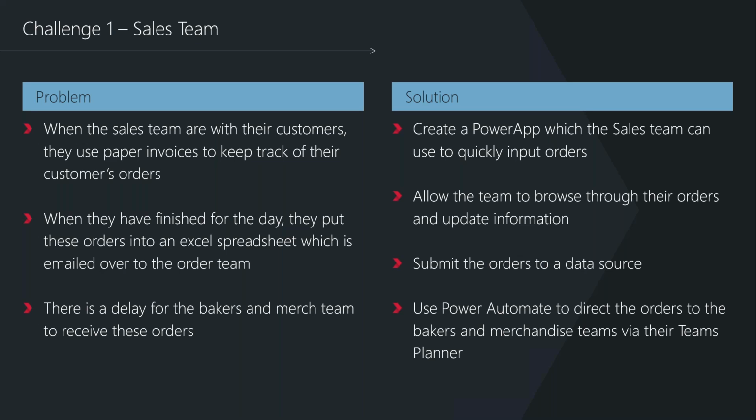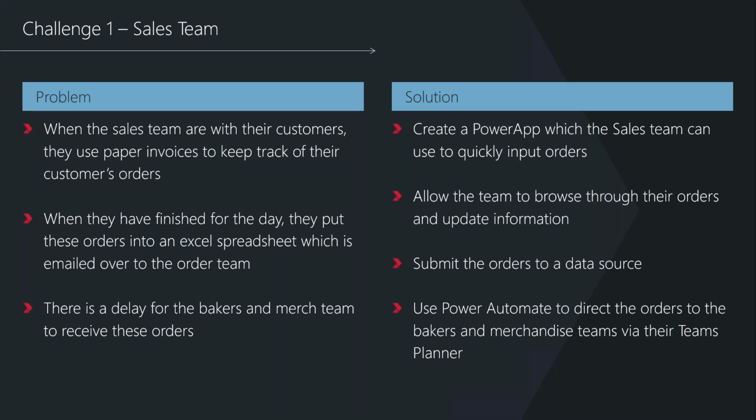Now, the solution, which I've already built and am going to show you today, is a Power App which the sales team can use to quickly input their orders. It also allows the team to browse through their orders and update their information. These orders are automatically submitted to a data source, and in today's scenario, we're going to be using SharePoint.